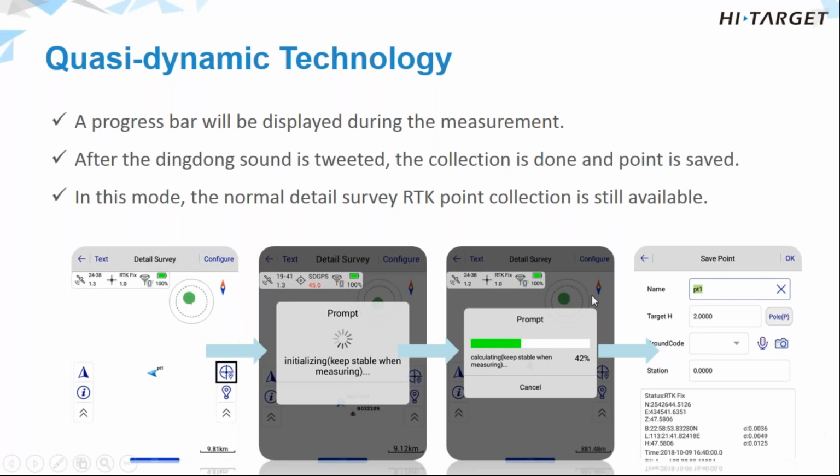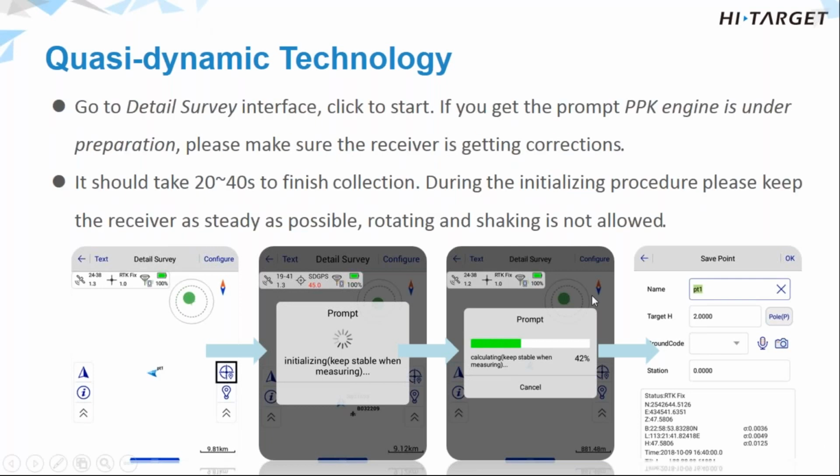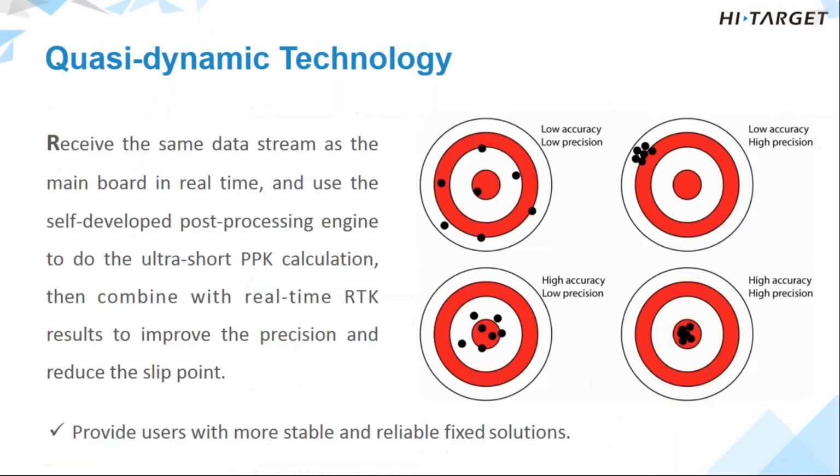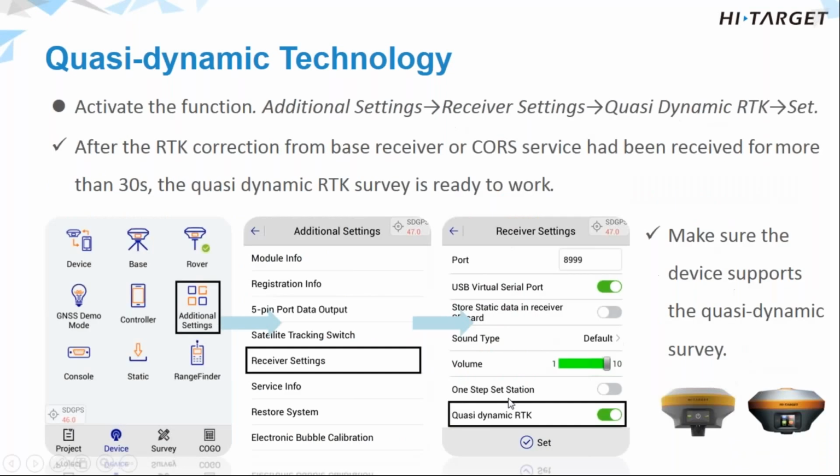Okay. So please look at this PPT. You could find that the option is in the device additional settings. Could you see this part? Yes, that's correct. So in the additional settings, you find the receiver settings, and then you find this Quasi-dynamic RTK.